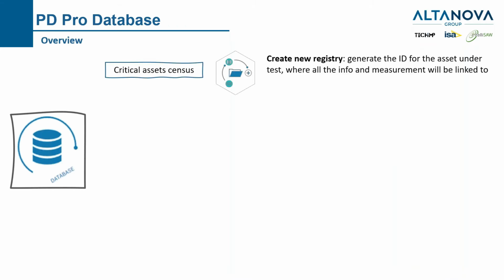The database will be, let's say, useful at first to create a census of the critical assets. By creating new registry, we can generate the identification for the asset we want to test, and we can link all the information there. So we have basically a map inside our DB of what we can test and why.